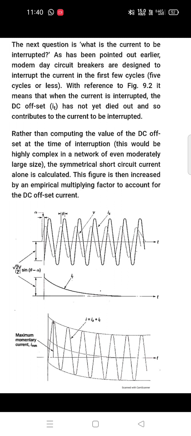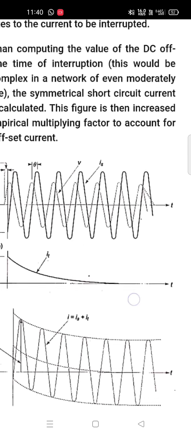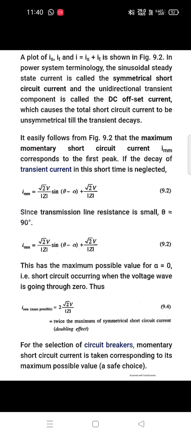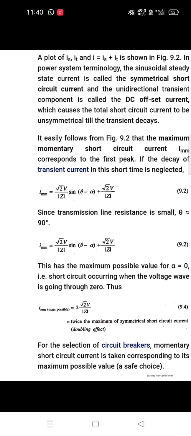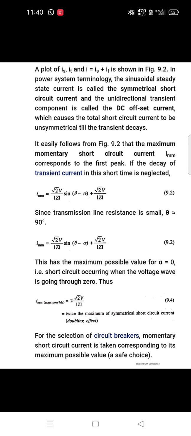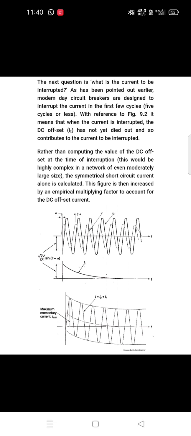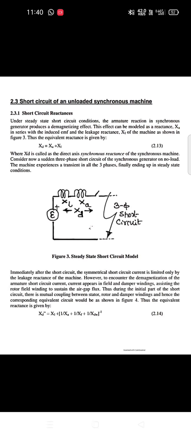This figure is then increased by an empirical multiplying factor to account for the DC offset. So we don't only calculate this I_MM, but we also calculate the total I. Total I is the steady state current plus the transient current, for the selection of our circuit breaker. So this is the main short circuit current in our transmission line.